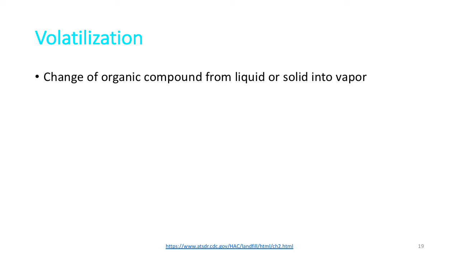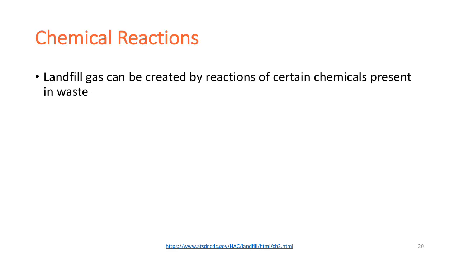Volatilization. Landfill gases can be created when certain waste, particularly organic compounds, change from liquid to vapors. That is known as volatilization. And the last one is chemical reactions. Landfill gas can be created by reactions of certain chemicals present in the waste.